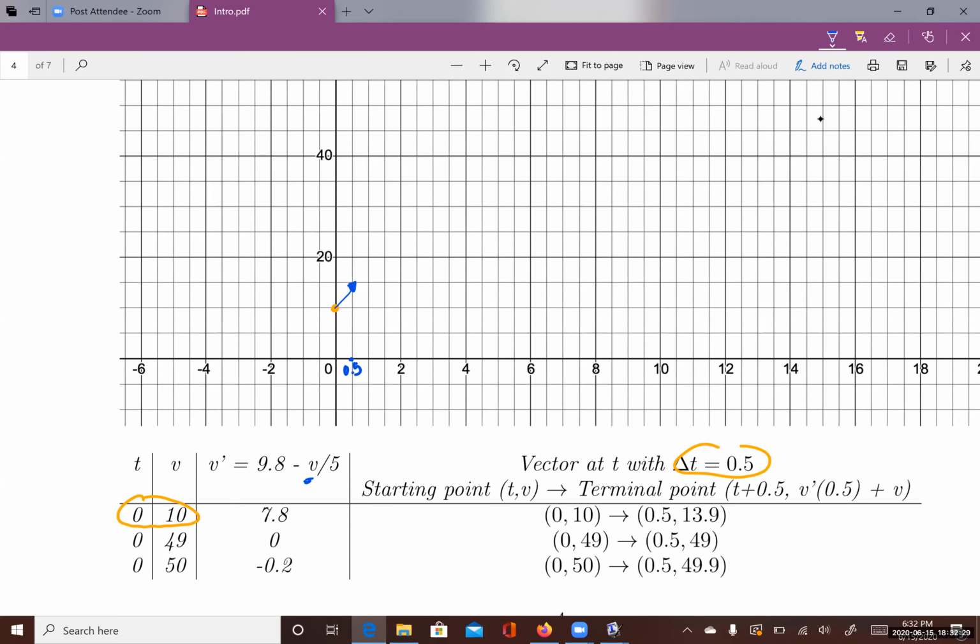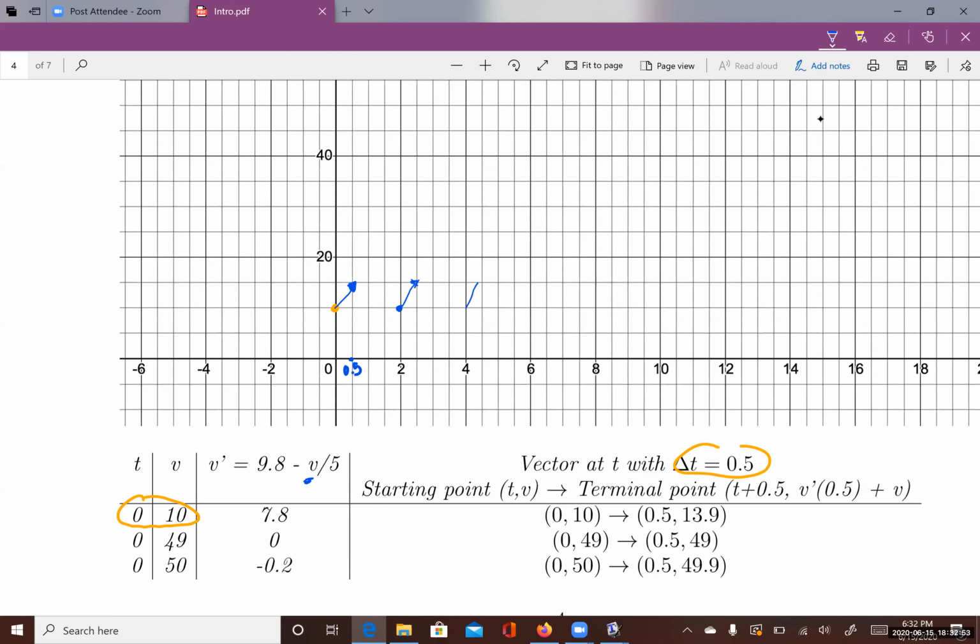If I look at this point right here and want to draw a slope vector, it will be the same vector as I drew here. I just take this vector and move it to the right.